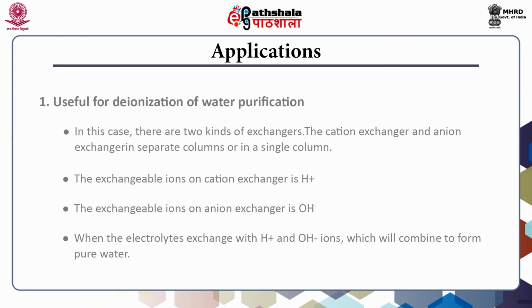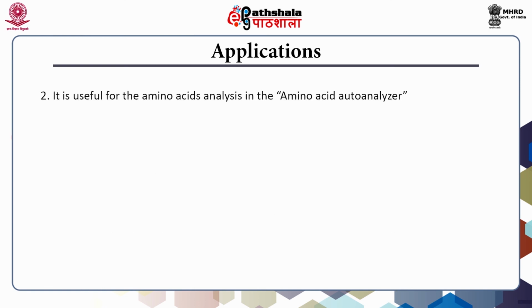Another use of ion exchange chromatography is in the amino acid autoanalyzer. Amino acids have charges on their surface at a specific pH. So, based on this principle, we can analyze the amino acids in the amino acid autoanalyzer.